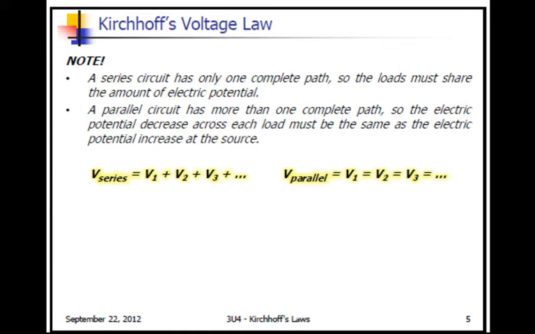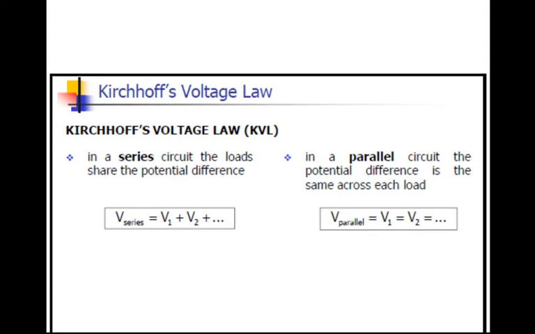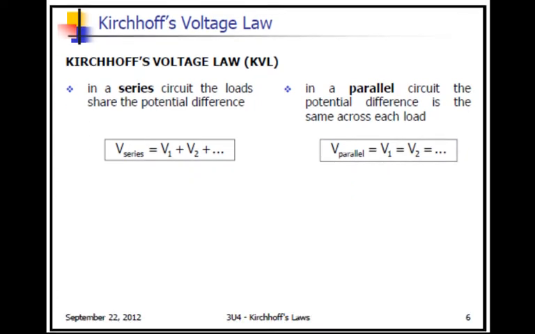So when we have a series situation, it is the sum of the voltages, and when we have a parallel situation, the voltage on each branch is equal to the voltage of the battery. Now I say battery, but it could be any sort of source. So this is what you can copy down for Kirchhoff's voltage law on series and parallel circuits.